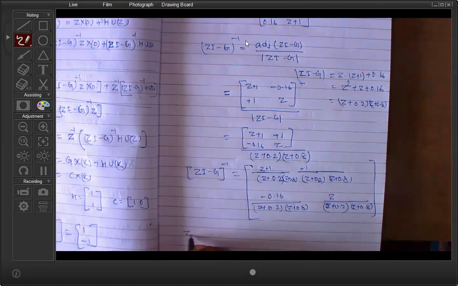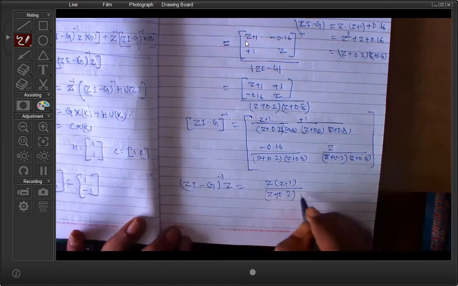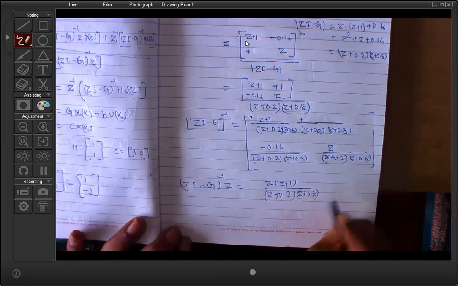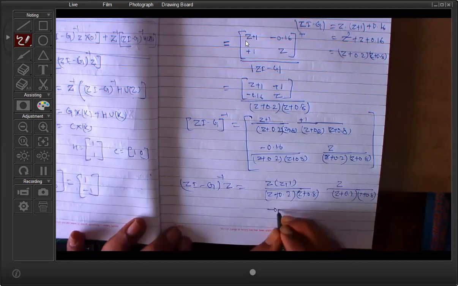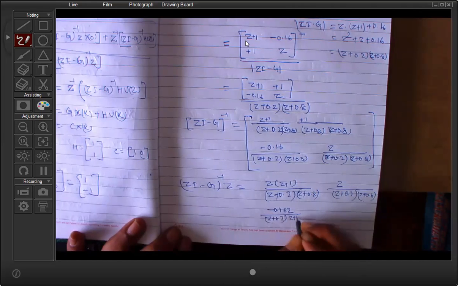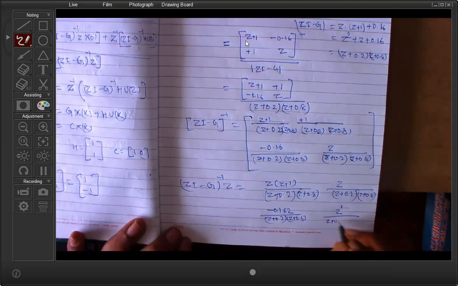So (ZI minus G) inverse into Z is equal to Z into (Z plus 1) divided by (Z plus 0.2) and (Z plus 0.8), Z by (Z plus 0.2) into (Z plus 0.8), minus 0.16 Z by (Z plus 0.2) and (Z plus 0.8), and Z square by (Z plus 0.2) into (Z plus 0.8).